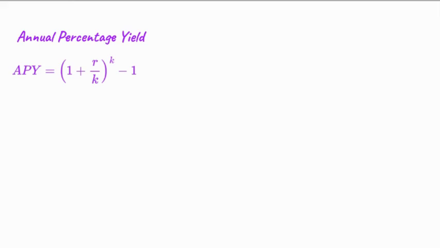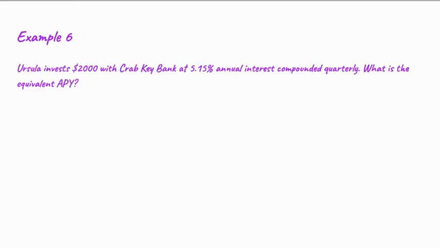The annual percentage yield is what the interest rate ends up being over the course of the year. Because while you're given an interest rate, you are dividing it up over the course of the year. It compares to what the actual interest rate is if you compounded annually. Now the principal is irrelevant. We have 0.0515 divided by 4 for compounded quarterly.